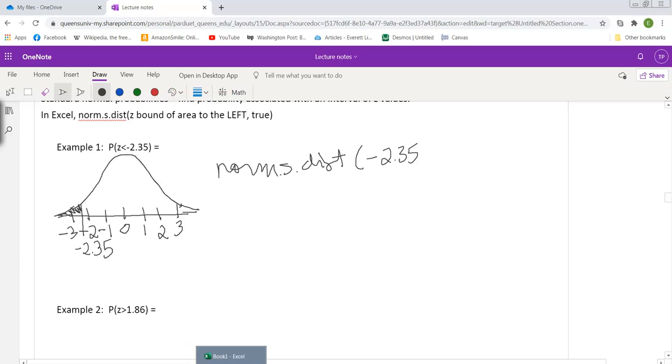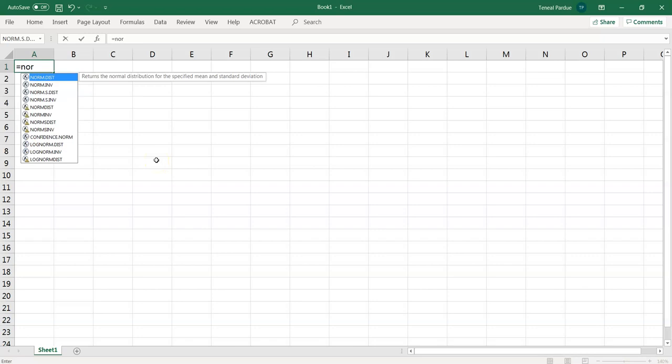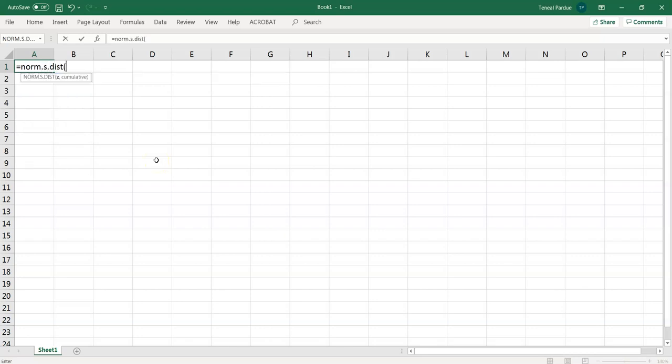And there's a second argument there also, which is just always going to be true. You don't have to worry about that. I don't even know why they have that in there, because I don't think I've ever seen anybody use it where it wasn't true. So negative 2.35 and then true for cumulative.